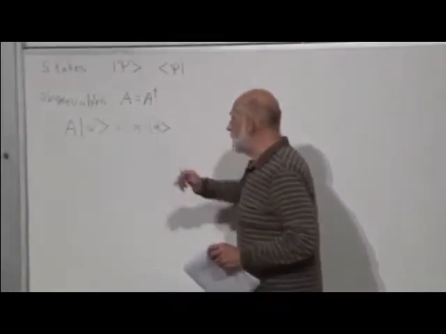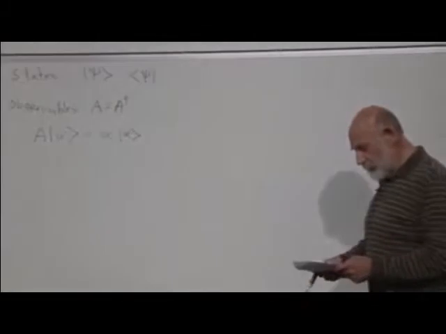The eigenvectors are the state vectors of the system for which, if you make a measurement, the answer is definite, not statistical, deterministic, and the answer to the measurement is alpha. Okay, so I assume you all remember this. I'm doing this mostly to just refresh your memory.